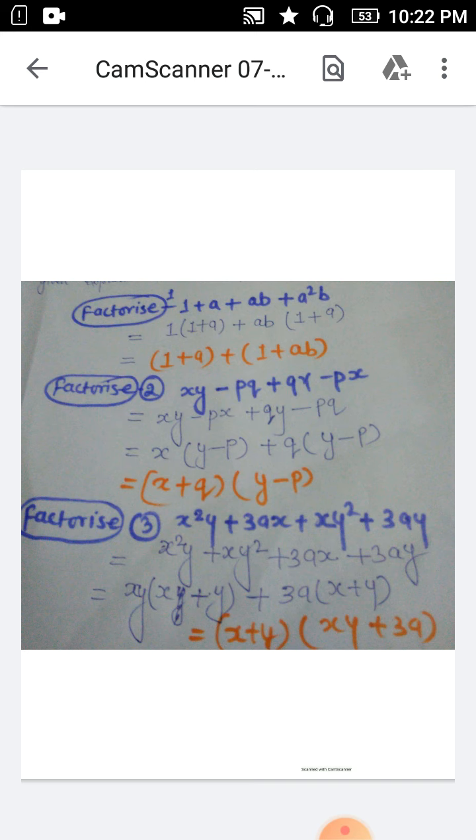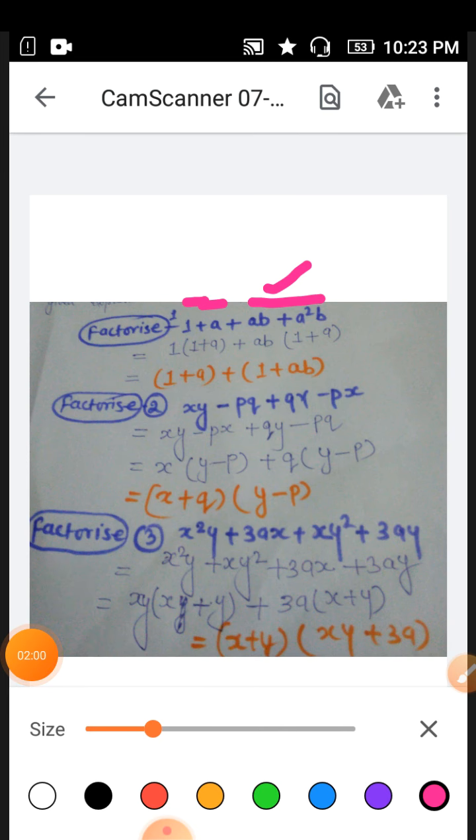So 1 plus a, here we can take the common factor 1. If we take the common factor 1, we will be left with 1 plus a in bracket, plus the rest of the part, ab plus a square b.